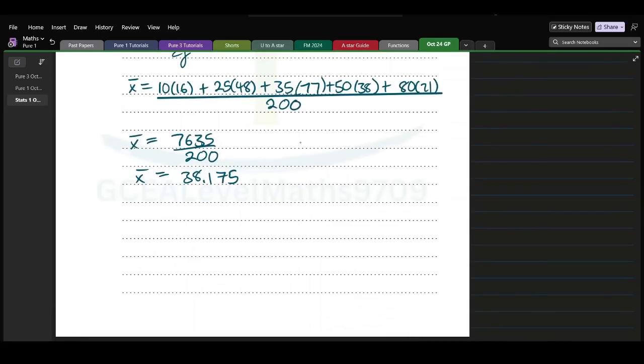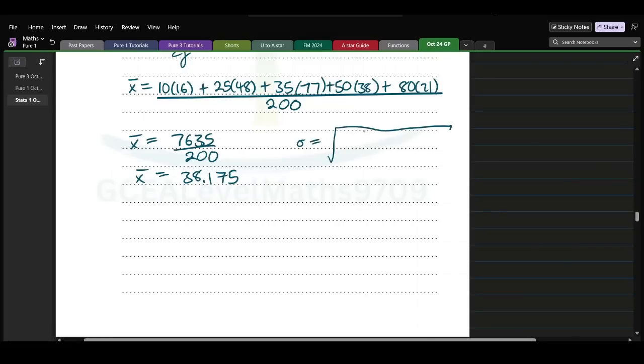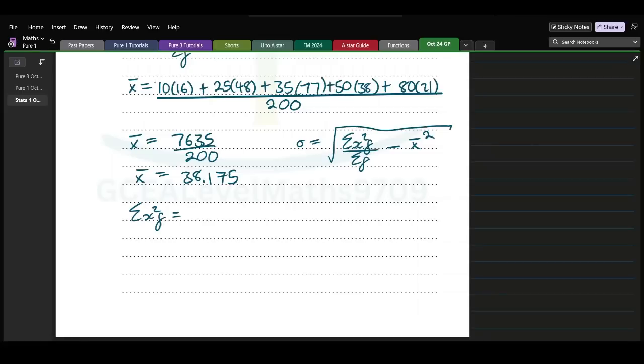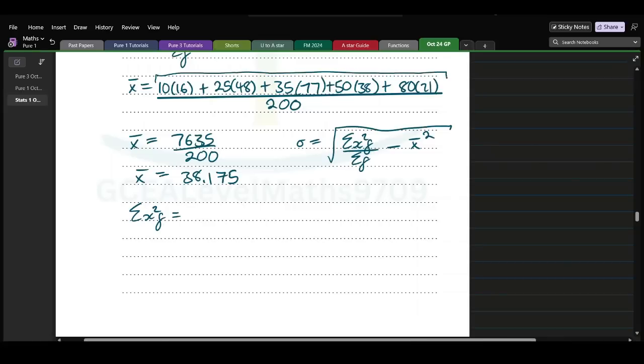The formula for standard deviation is equal to the square root of the summation of x squared f divided by the summation of f, minus x bar squared. So let's start by finding the summation of x squared f. The summation of x squared f is basically the numerator of this expression, except for every instance of x we're squaring it.